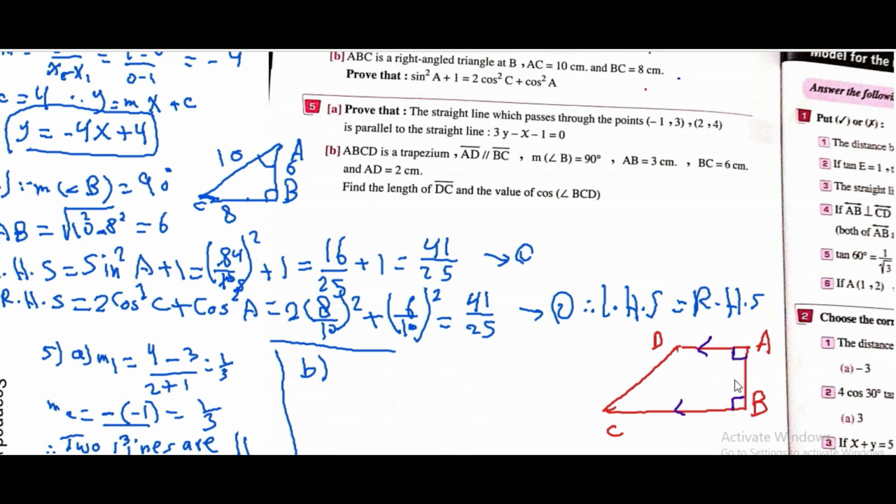BC is 6 centimeters, AB is 3 centimeters, AD is 2 centimeters.